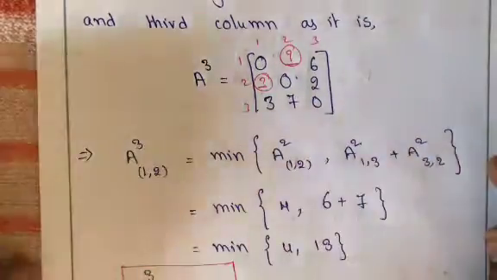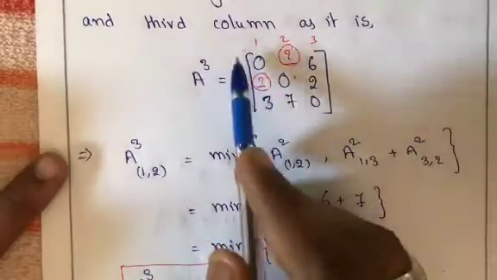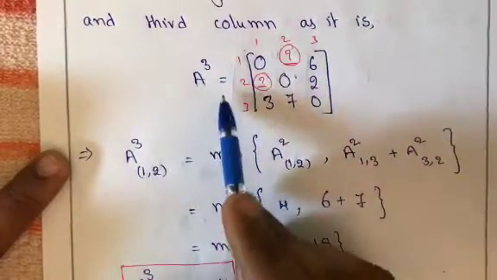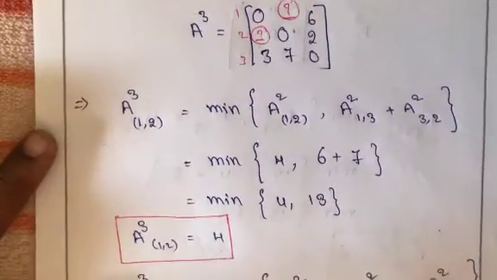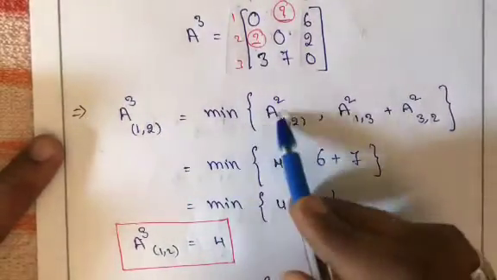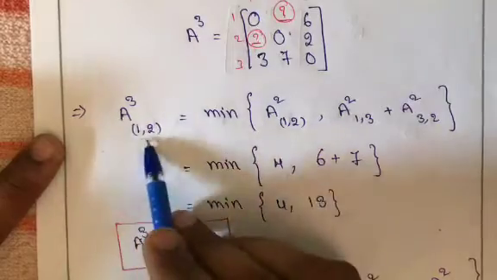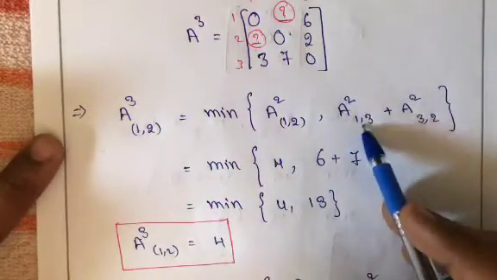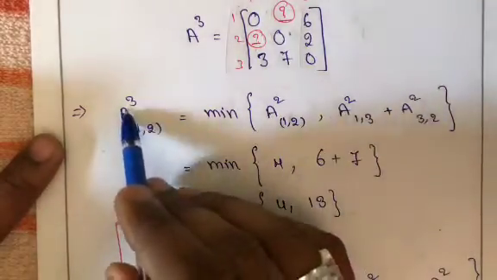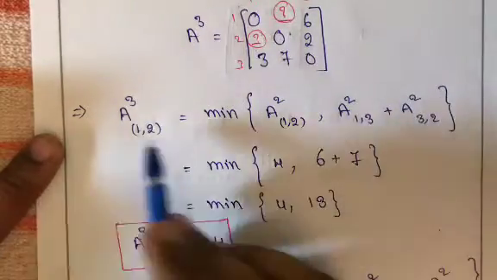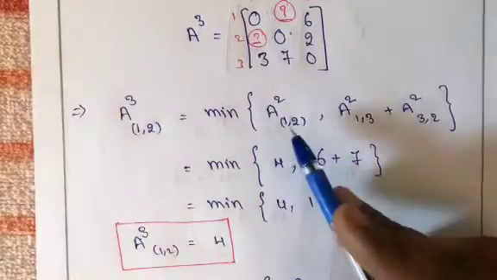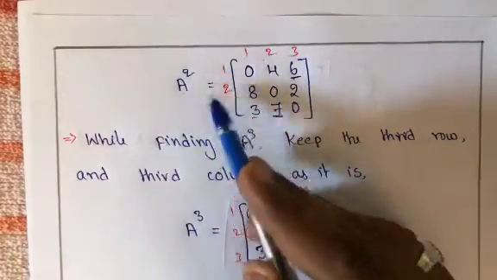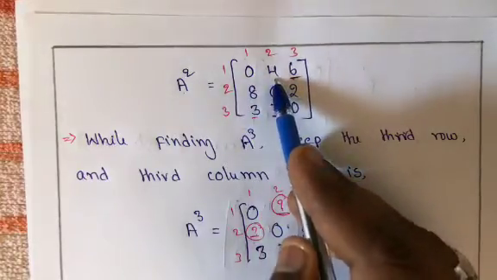So here I need to identify A3 of 1 comma 2 and A3 of 2 comma 1. A3 of 1 comma 2 is the minimum of A2 of 1 comma 2, that is I comma j, and A2 of 1 comma 3, that is I comma k, plus A2 of 3 comma 2, that is k comma j. A2 of 1 comma 2 is 4.